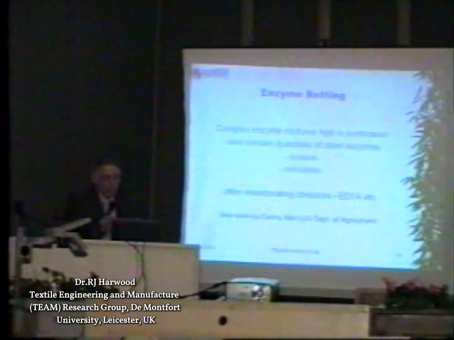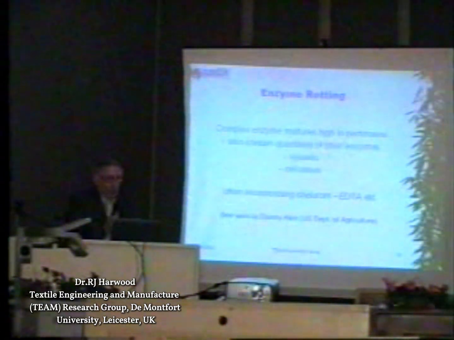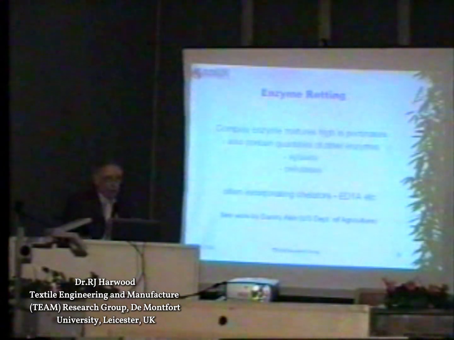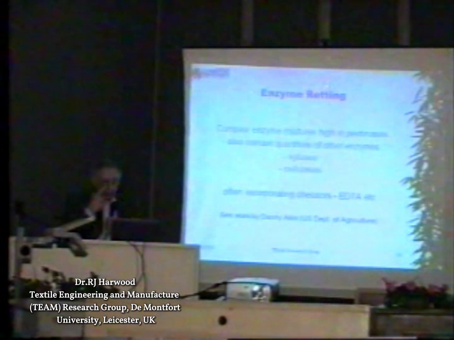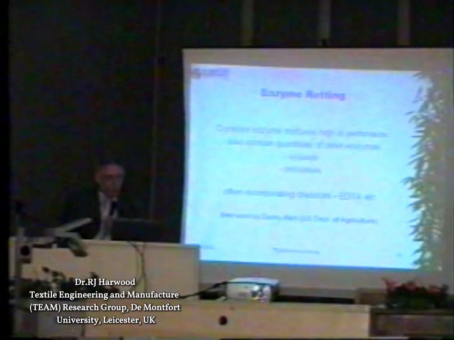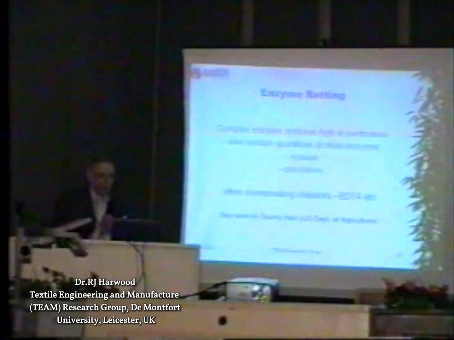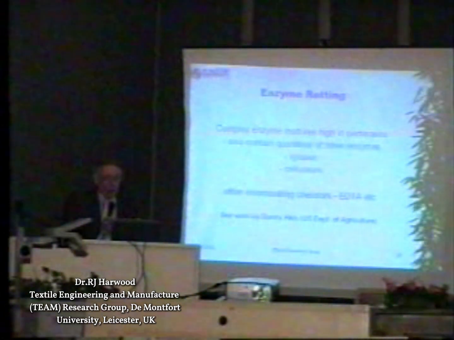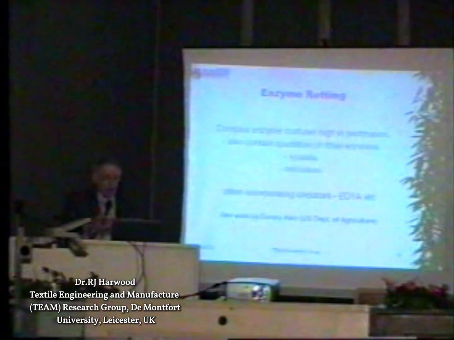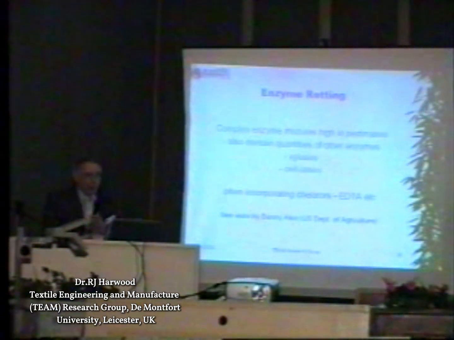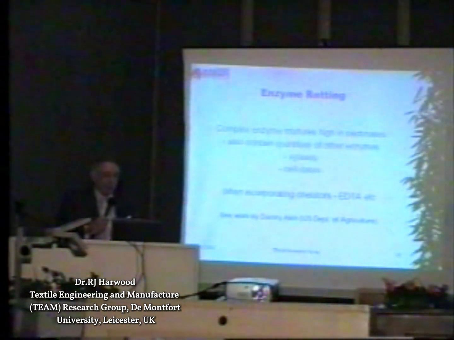What has been attempted is to post-harvest ret. In other words, you harvest the plant and then process it later. I mentioned earlier, and we saw earlier in Chris's lecture, that you can do this with chemicals. Enzymes are extensively being investigated for this type of process, using pectinases, but they're natural pectinases as commercial products, and they do contain xylases and cellulases.